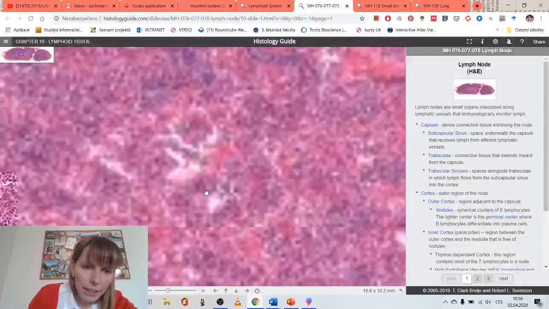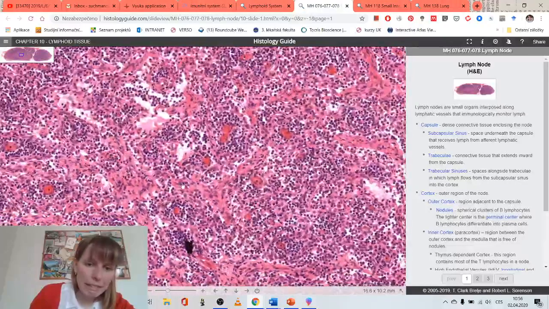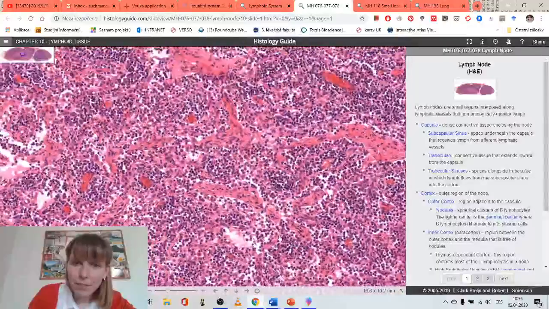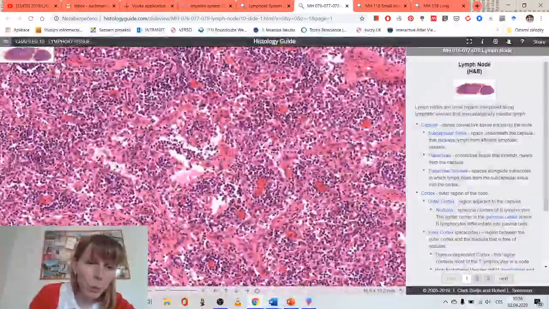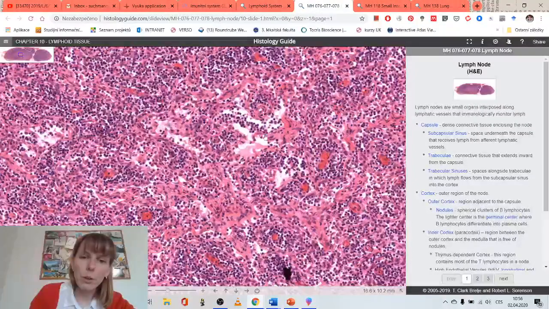So you will have these spaces between all the cells sitting in cords here, and these will be the medullary sinuses here as well. All the spaces between the cells in this area will be the medullary sinuses, and the medullary cords will be these cells sitting around it.